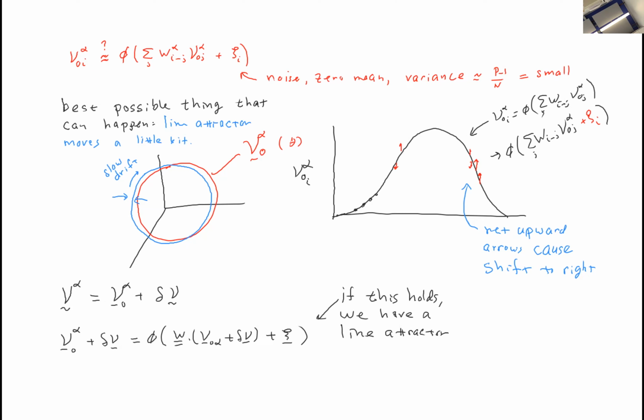Okay. And so what we're going to do as usual is Taylor expand. So this thing is approximately equal to, and this is going to be a good approximation if the noise is small, phi prime of w dot nu 0 alpha.